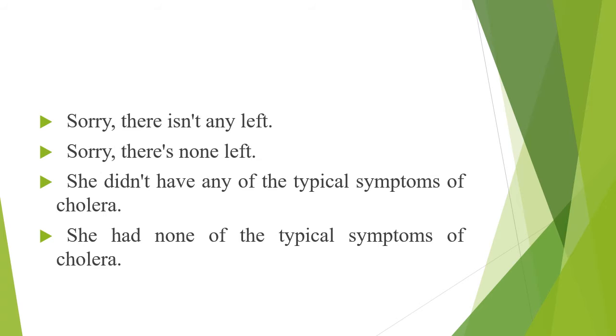But in number one, that is, she didn't have any of the typical symptoms of cholera, she didn't have symptoms, but you are not confirming your idea. In the second sentence, you are more emphatic. You confirm the idea. She had none of the typical symptoms of cholera. She's safe. No cholera at all.